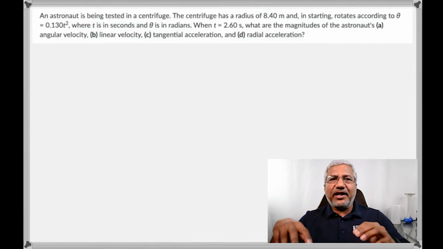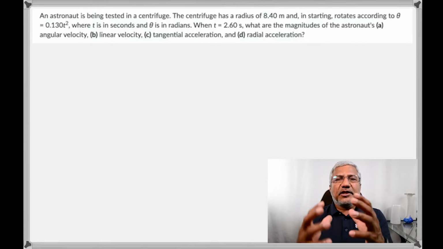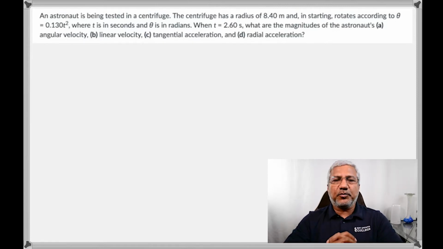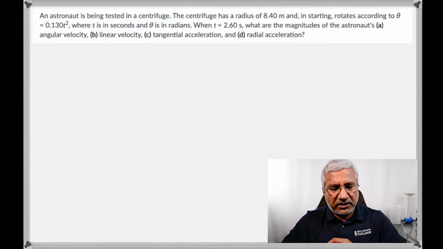All right, now that we have some preliminary ideas of how rotational motion compares with linear motion, we can work out a few problems. So here is the first one. An astronaut is being tested in a centrifuge. It has a radius of 8.40 meters and in starting rotates according to theta equal to 0.130 t squared.